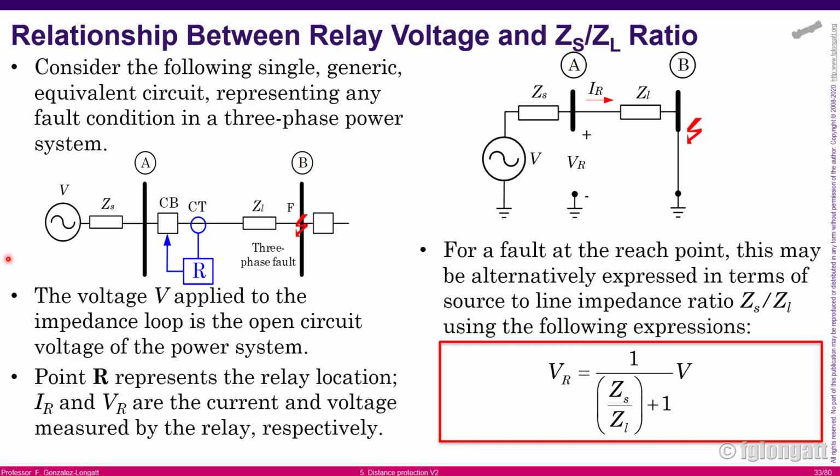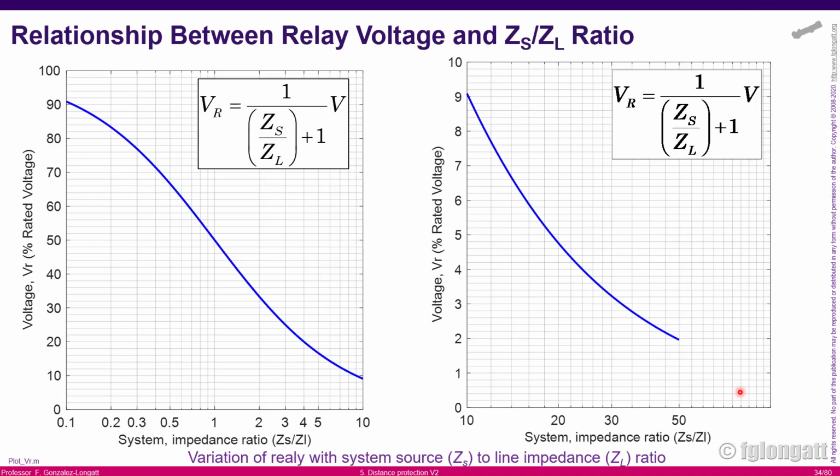What I will do now is take this equation and plot it. What you can see is a plot of the voltage at the terminal location, or the relay location, in percentage of the rated voltage. That is this voltage VR, per unit referred to the rated or nominal voltage.